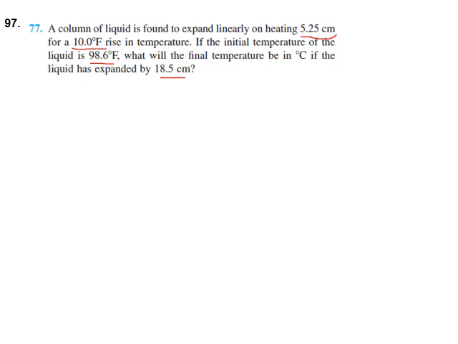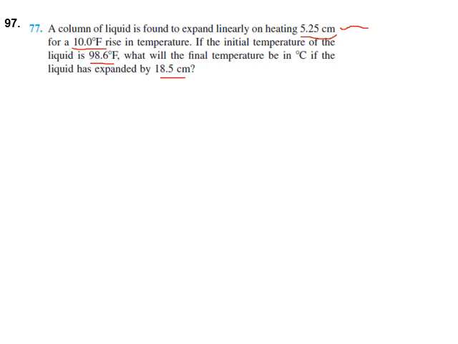So every time this thing heats up 10 degrees, this substance, this liquid, goes up by about 5 centimeters. So in other words, if you look at how high did it go up, and if you basically divide it by 5, then that's going to tell you how many times it went up 10 degrees.